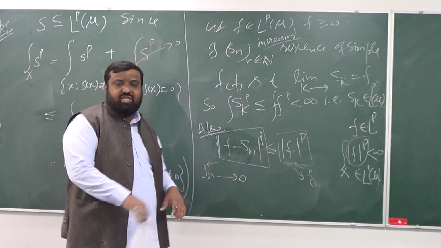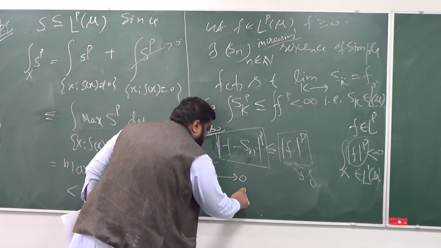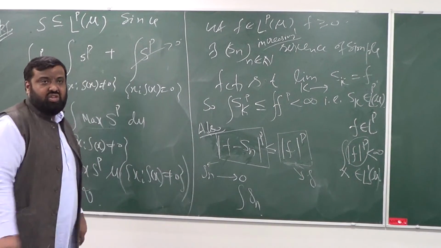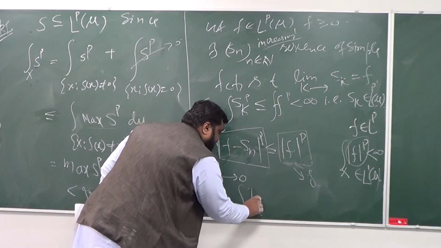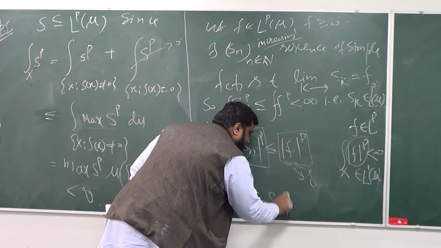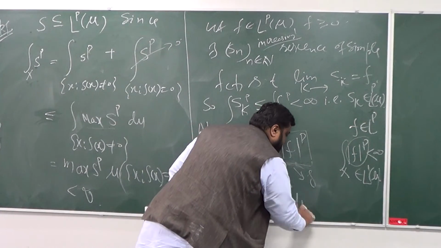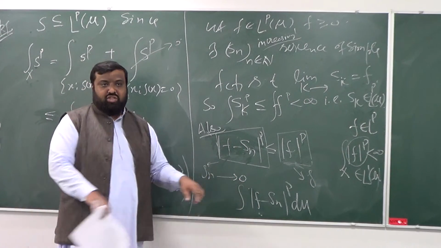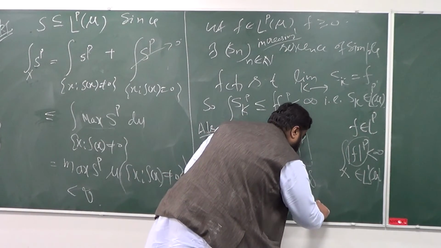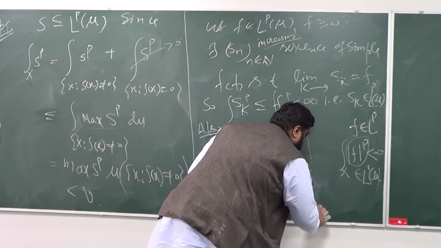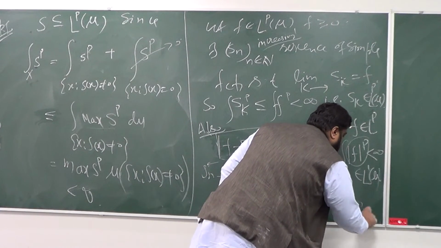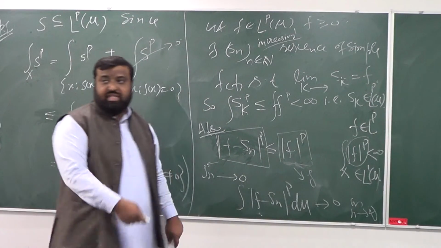So the Lebesgue dominated convergence theorem tells you that the integral of g_n, which is the integral of |f minus s_n|^p d mu, would converge to the integral of 0, which goes to 0 as n goes to infinity. And that's what you wanted.